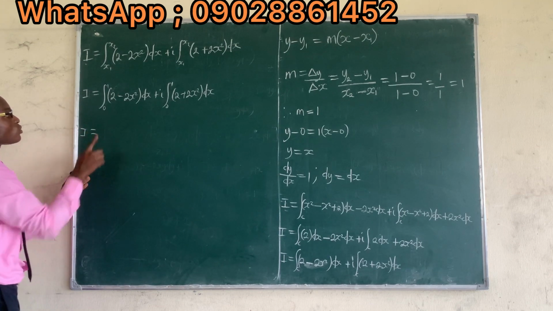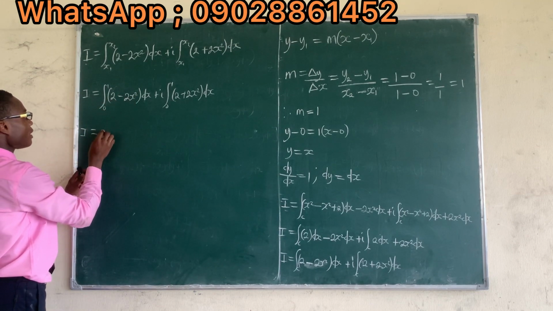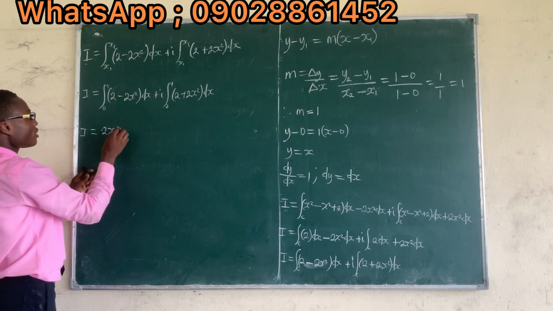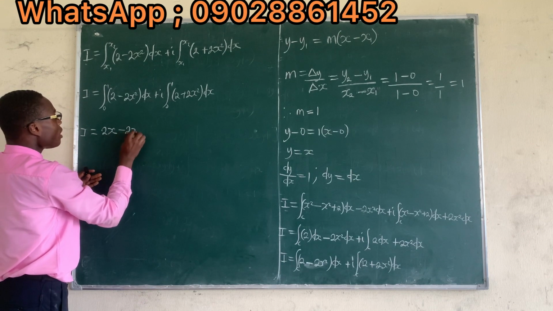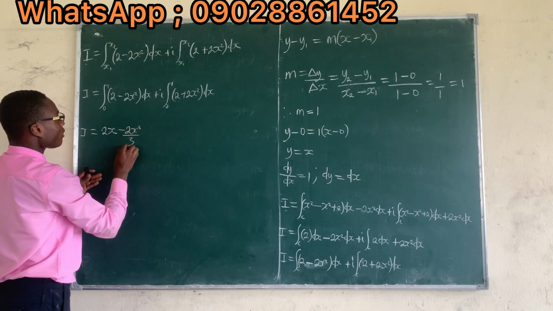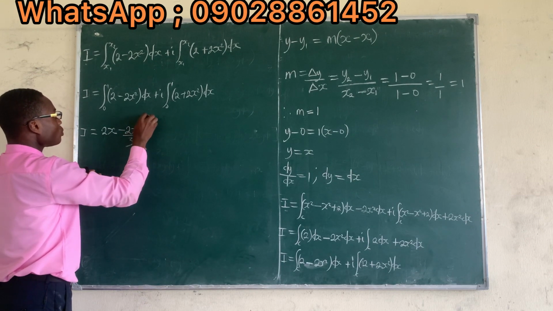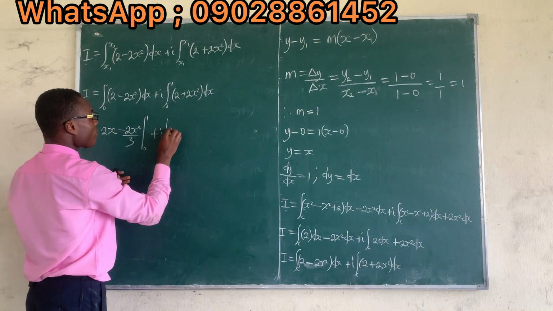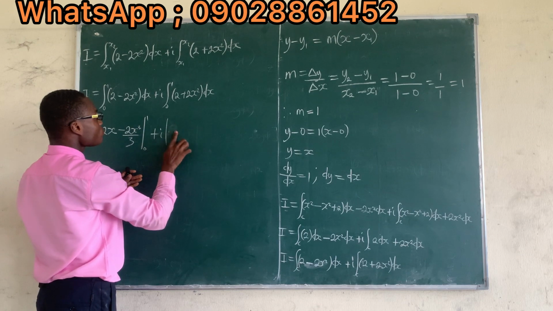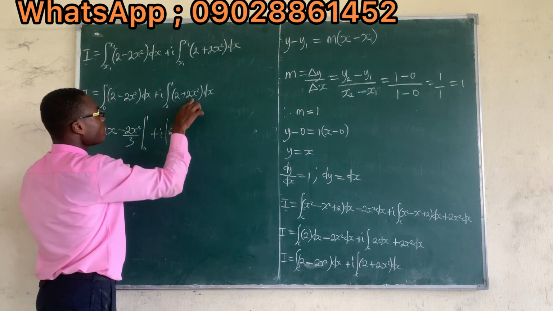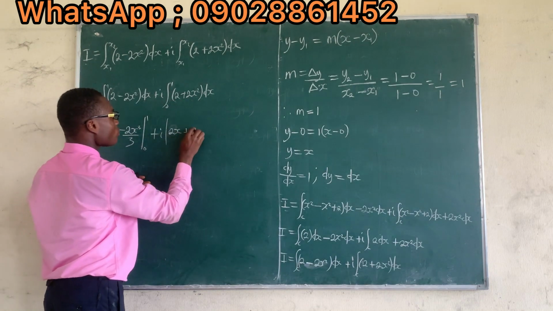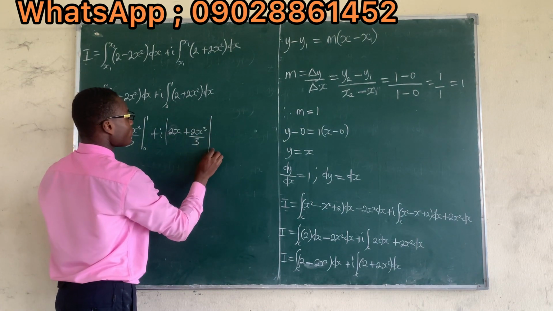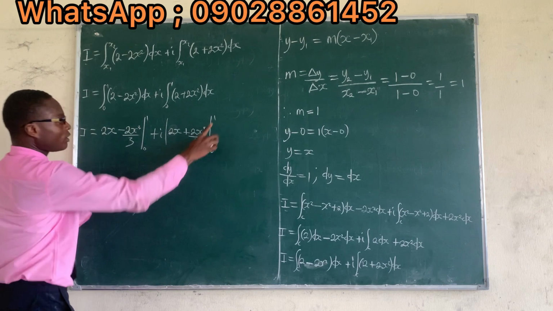If you integrate 2 with respect to x, you have 2x. If you integrate 2x squared, you have minus 2x cubed over 3, from 0 to 1, plus i times 2x plus 2x cubed over 3, from 0 to 1.